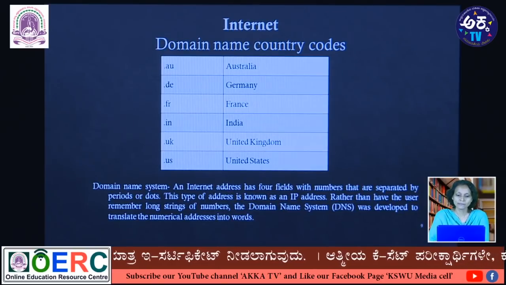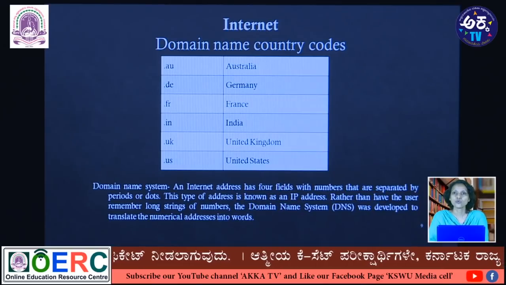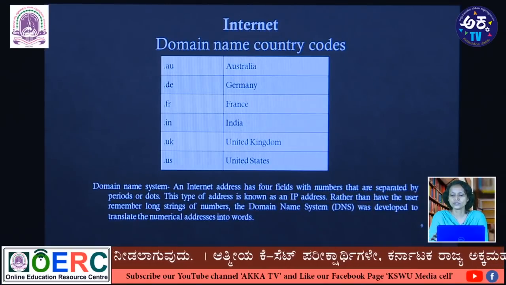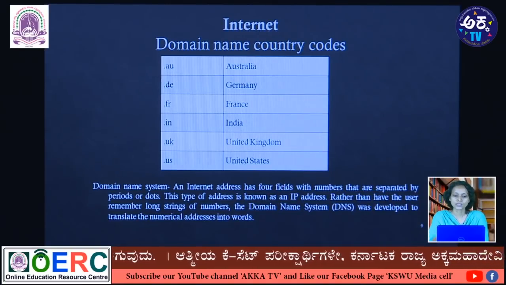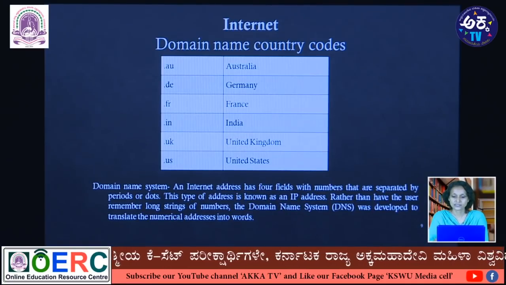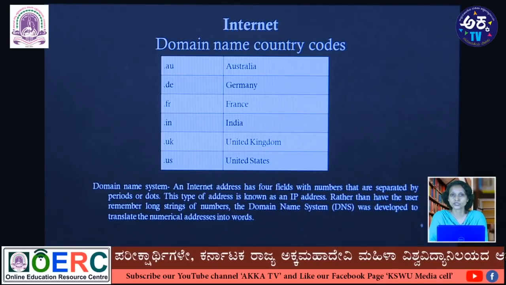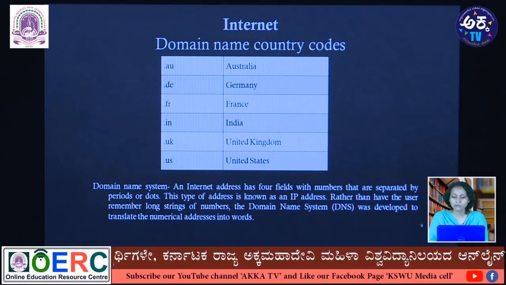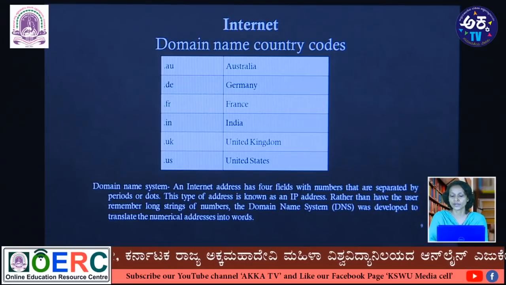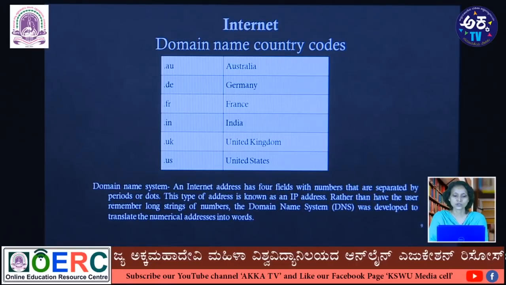Usually this domain name server, it is the internet address that has 4 fields, and these 4 fields are separated with dots, and those are usually numerical. Since, as we discussed, it is difficult for us to remember those numerical fields, each is any number between 0 to 255, a part of these 4 parts of the address.